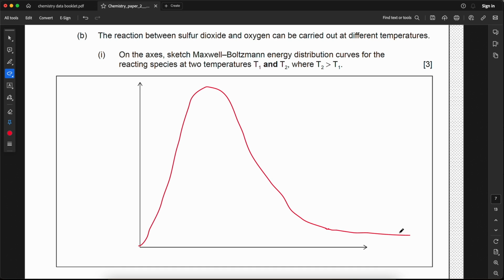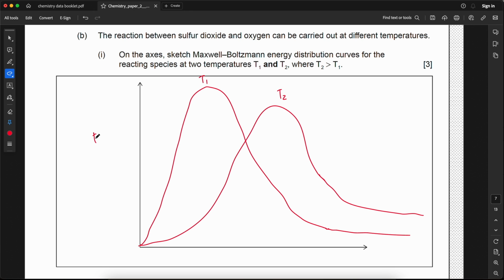Okay, please don't touch the x-axis. And then the other one, because T2 is higher than T1, for the higher temperature it is slightly to the right and has a lower peak compared to the lower temperature. So it will be like this. Just make the peak a little bit better. Okay, so this will be T2.